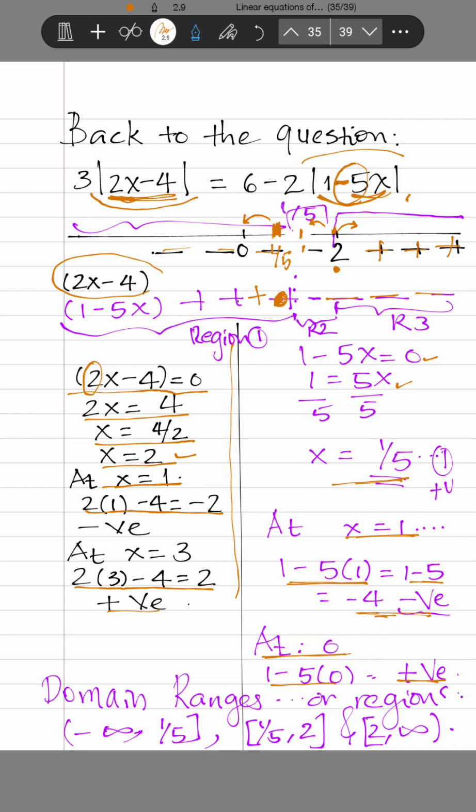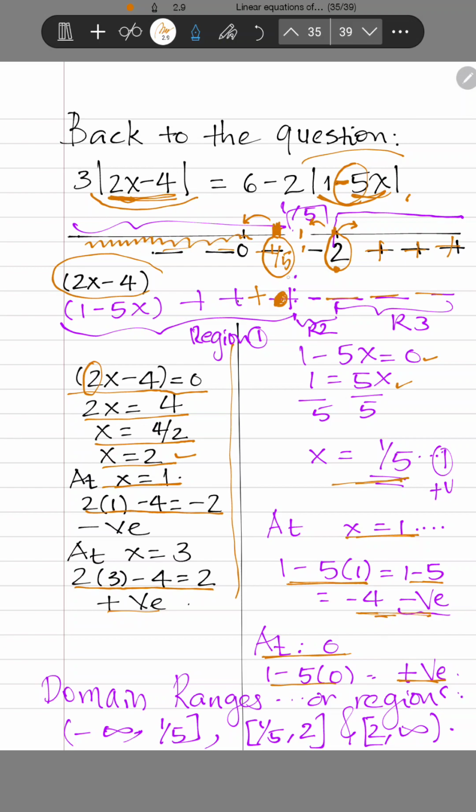What are the critical points which we have to focus on? One is number 2, and another one is 1/5. When we have these two critical points, how many regions can we create on a number line? One region from negative infinity, from the left, all the way up to 1/5.